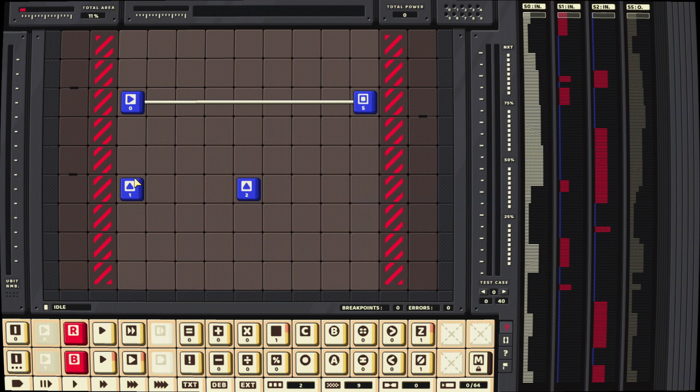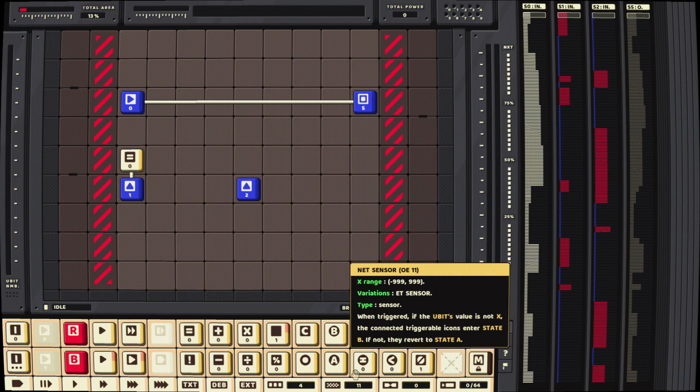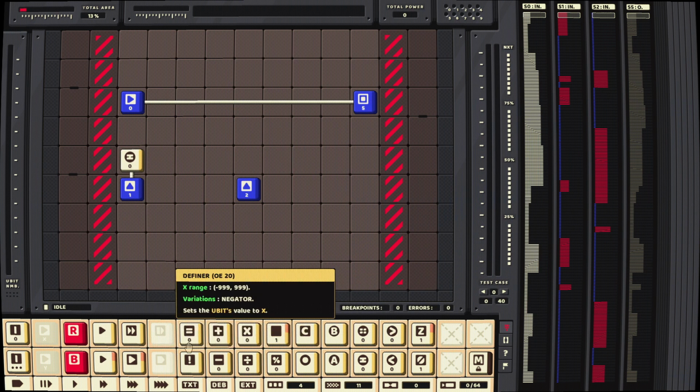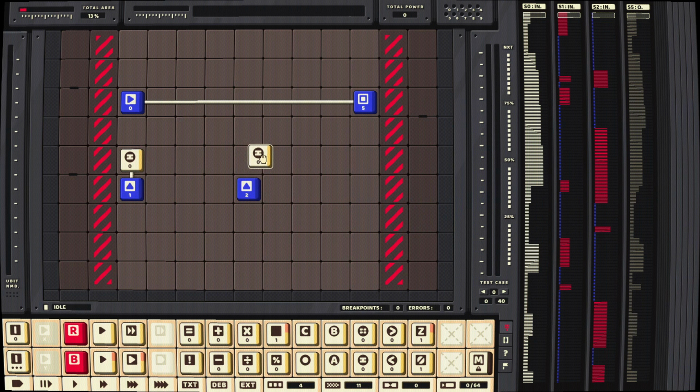Okay, so S1. S1 first we need, actually for both of them, we need to check for a non-zero. Let's check for non... did I just put down a definer? Check for non-zero. If valid, then they are active. Then we can send them out.